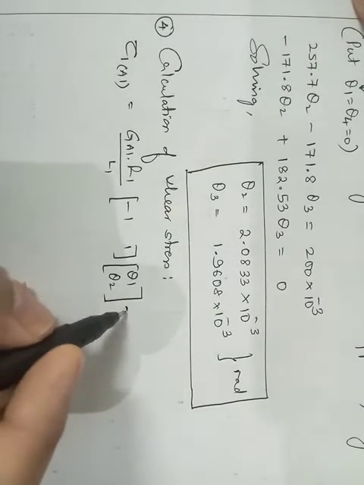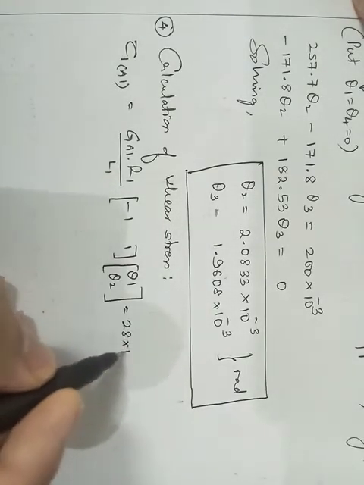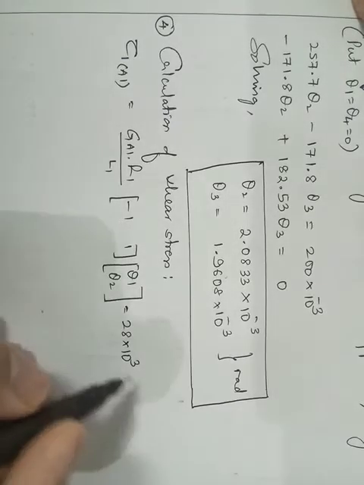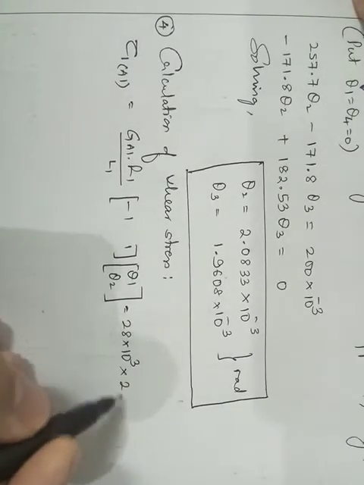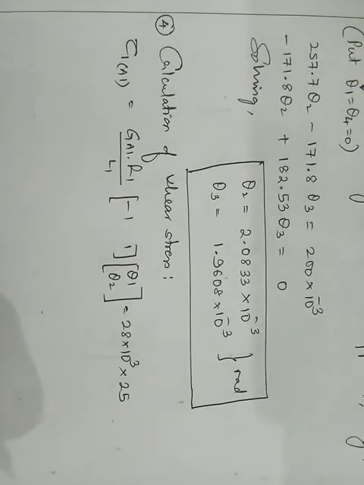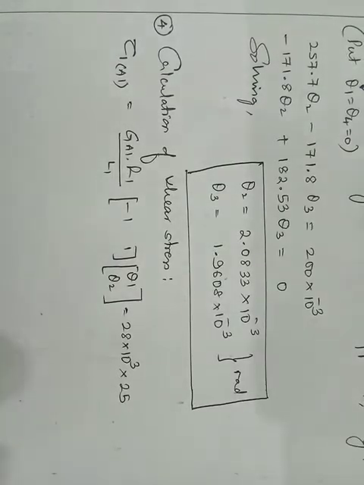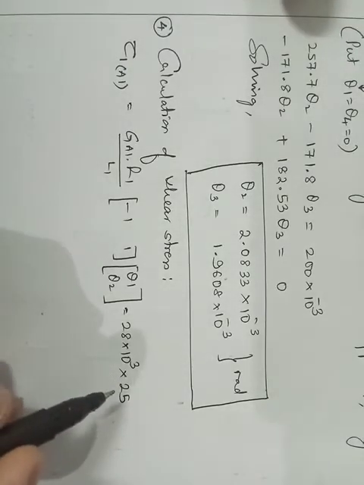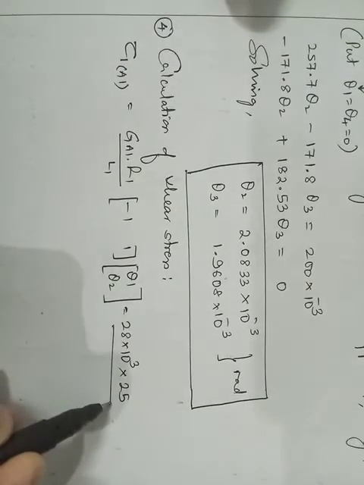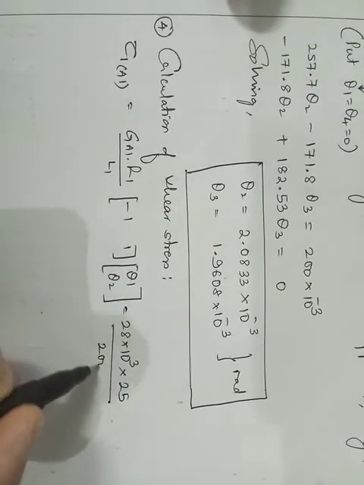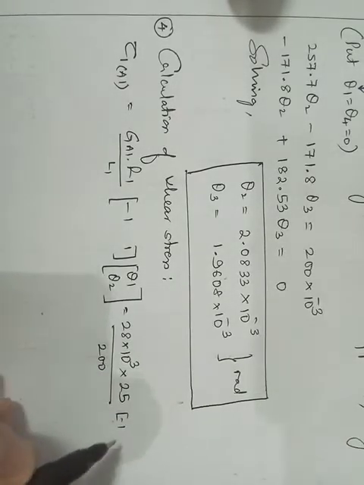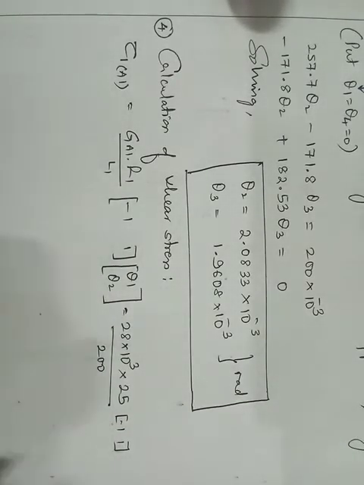So G for aluminium is 28 into 10 raised to 3. R should be taken as 25. Why? Because R is the radius and the diameter given in the problem is 50 mm, so half of 50 is 25. Length of the first element is 200. So minus 1, 1 as it is.